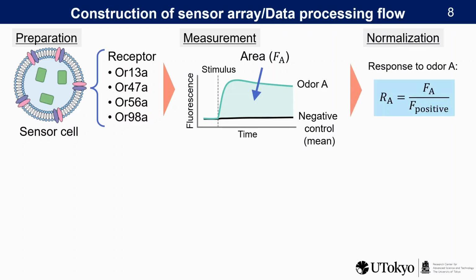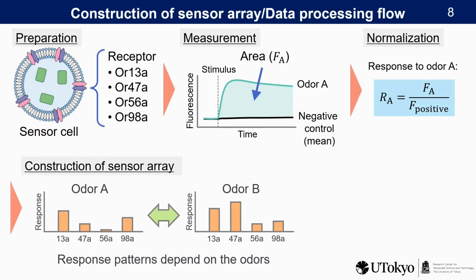Then the FA value was normalized by using the positive control value, and this normalized value RA for each OR sensor cell is combined as multidimensional data. That is the output of the virtually constructed sensor array.